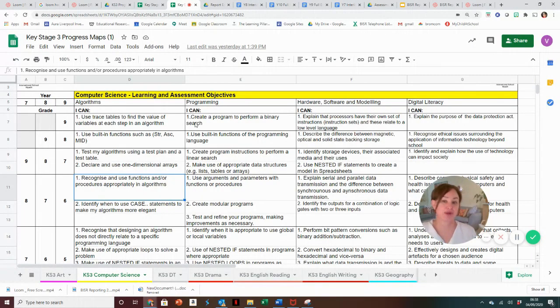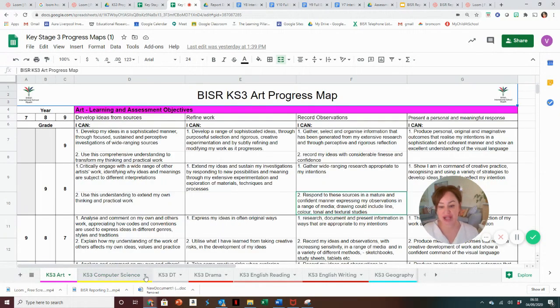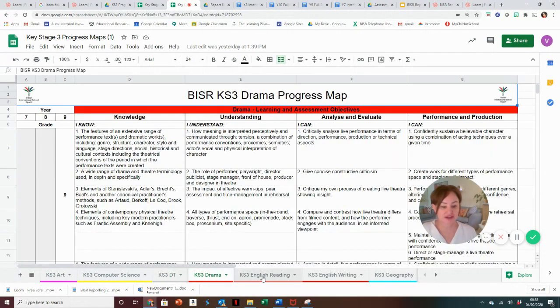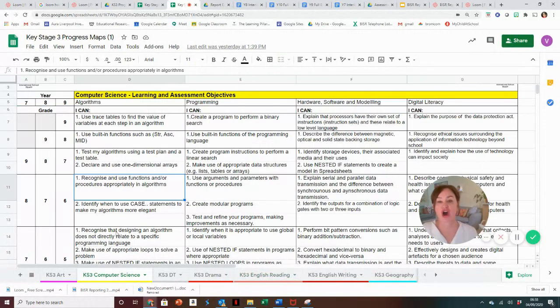This is an example of a progress map. We have progress maps for every subject, and you'll notice that for every subject there are different assessment strands. So in computer science we've got algorithms, programming, hardware, software and modelling, and digital literacy.